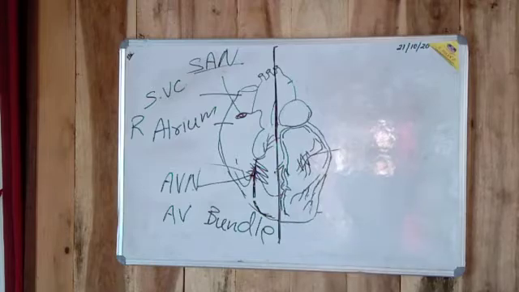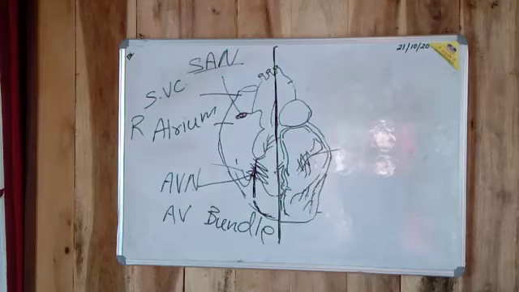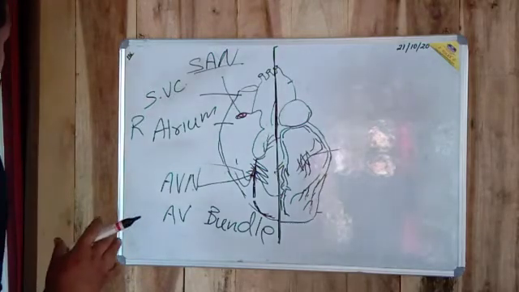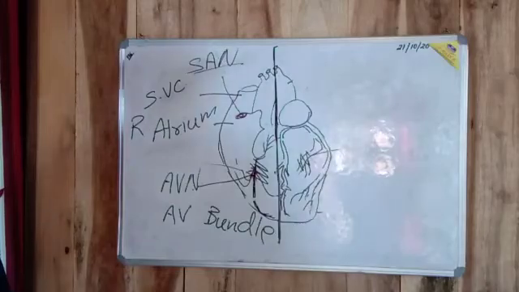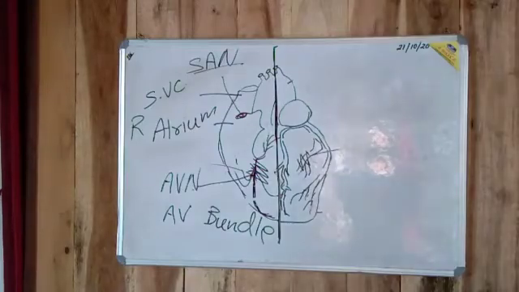The right and the left branches then enter the heart muscle, and that is known as Purkinje fiber. The SAN, AVN, AV bundle and the Purkinje fiber together function as the impulse provider, or the pacemaker, of the heart.